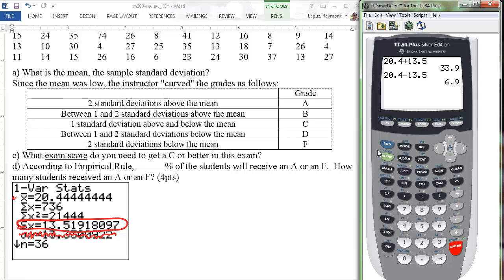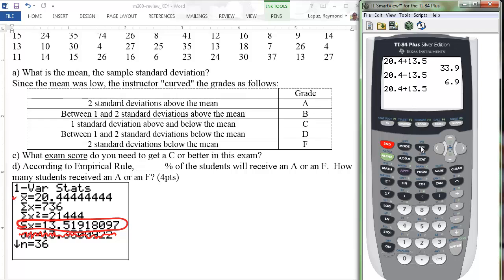So I'll take my last entry again, and now I want to add plus, and I want to add 2 standard deviations. Now I need to insert, because if I just type in the 2, I'm going to start overwriting this.